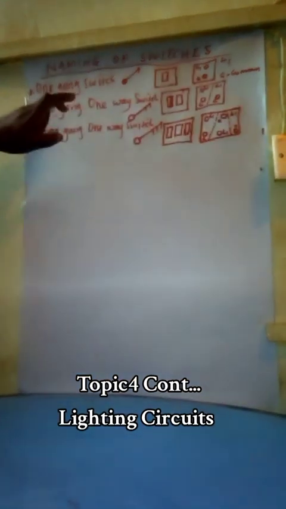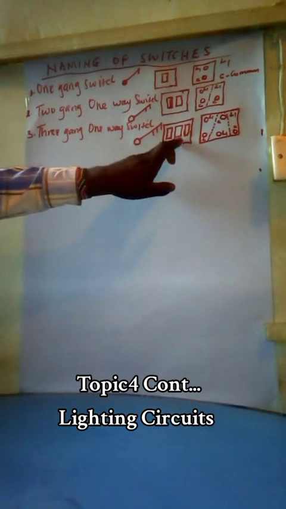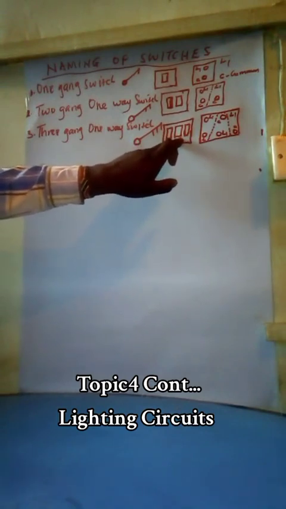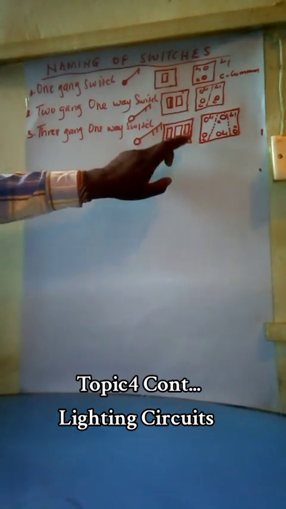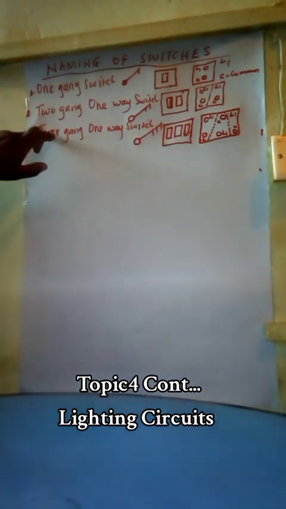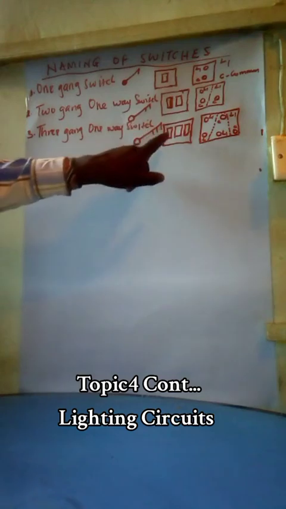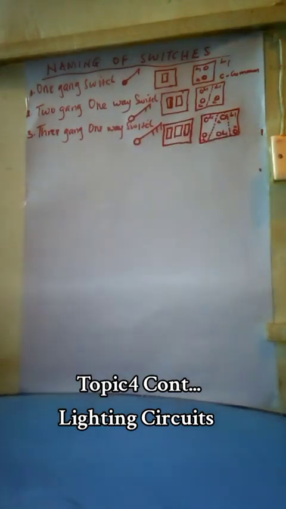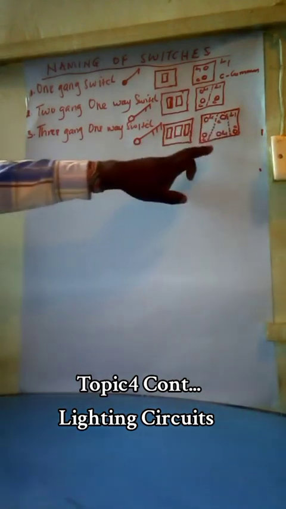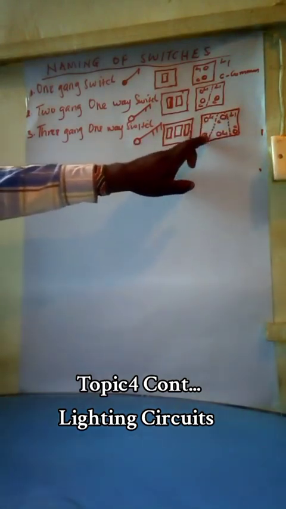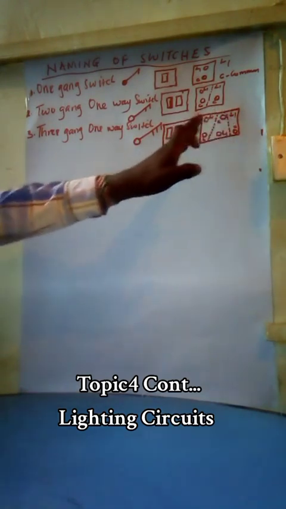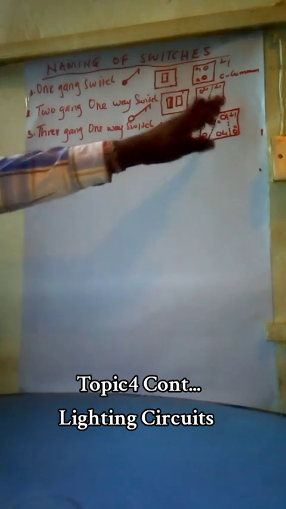So it's 1-gang switch embedded into one plate, but now there are 3. So now it's 3-gang one-way switch, because 1, 2, 3. Each switch is independent, but during your wiring, when you supply one of the common, you can loop to this and again loop to this, so that each gang has its own power.